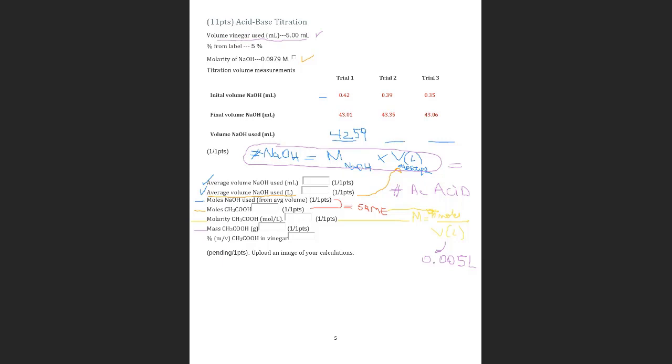So the mass of the acetic acid is going to be the number of moles of acetic acid times the molar mass, in grams per mole.